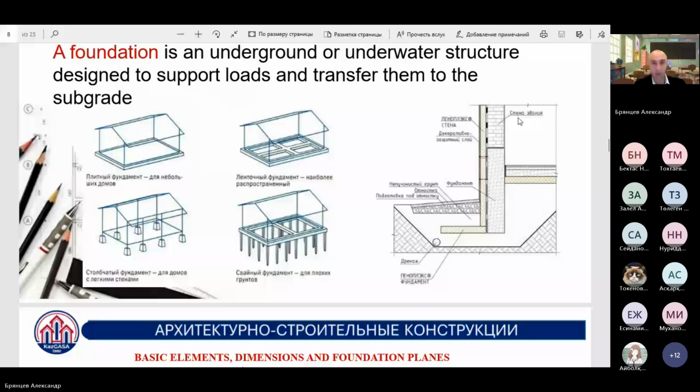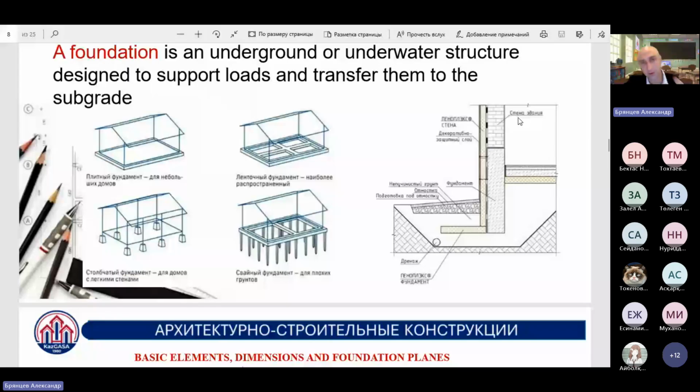Each type of these foundations has its specific advantages and, of course, in some cases, disadvantages, and areas of application.